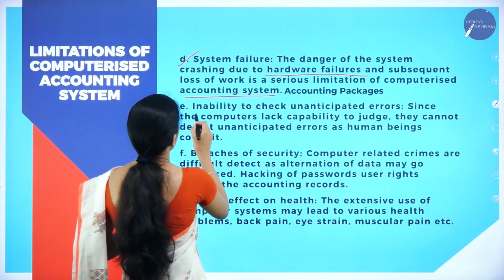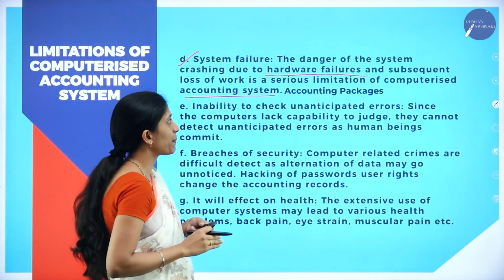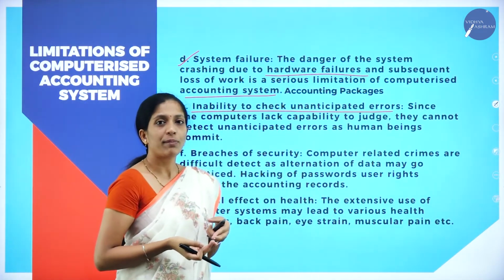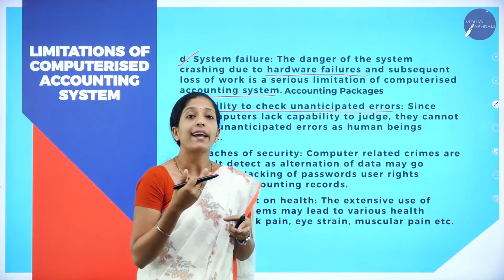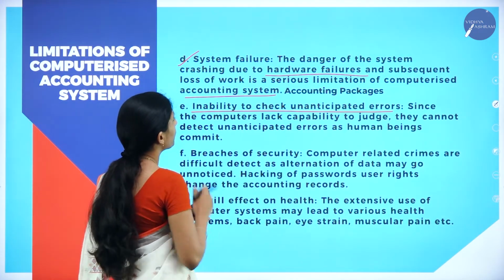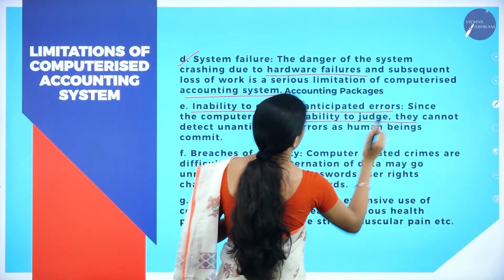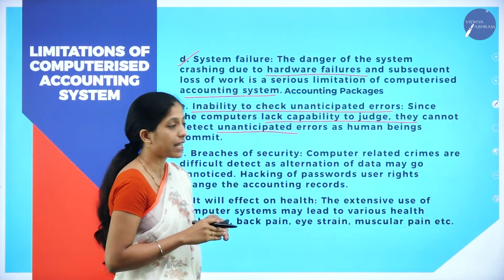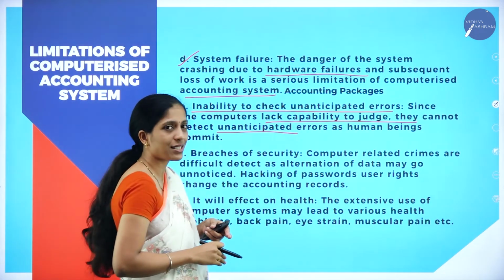Next one is inability to check unanticipated errors. Unlike human beings, the computer cannot identify unanticipated errors. Since the computer lacks the capability to judge, it cannot detect unanticipated errors as human beings commit.